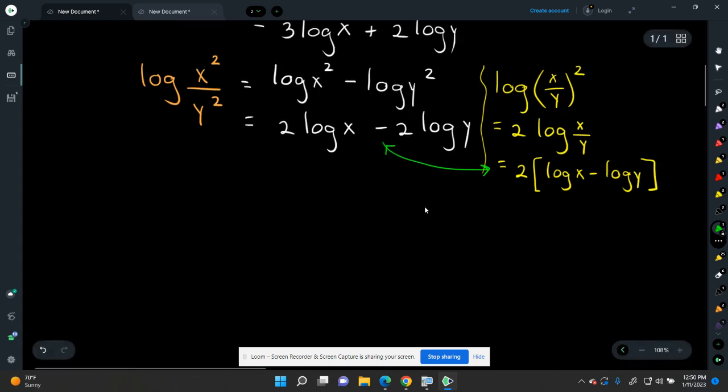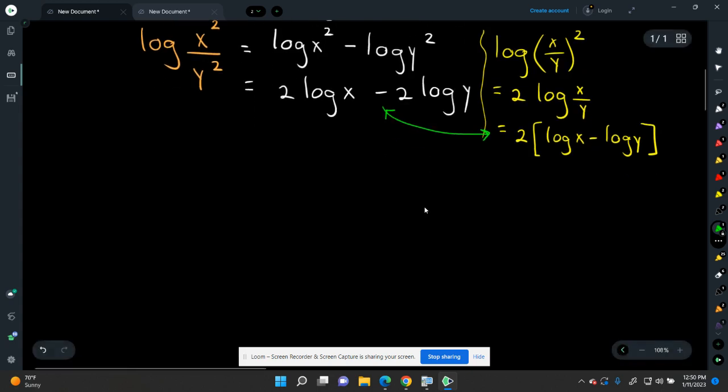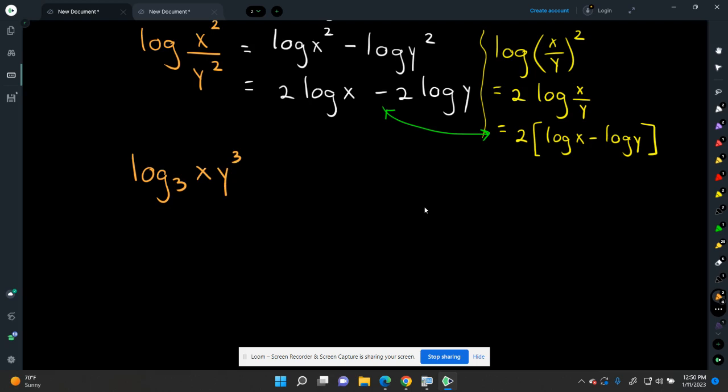Okay, number 6, not last one, number 6. So we've got log base 3 of x y to the third. Okay, so let's separate these.